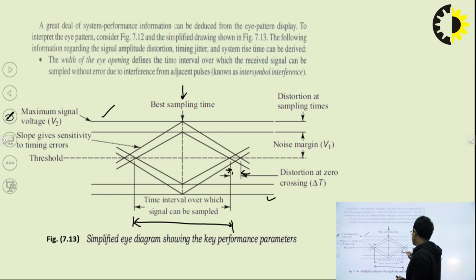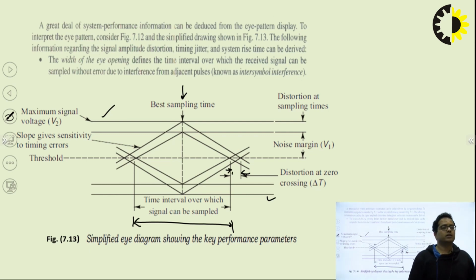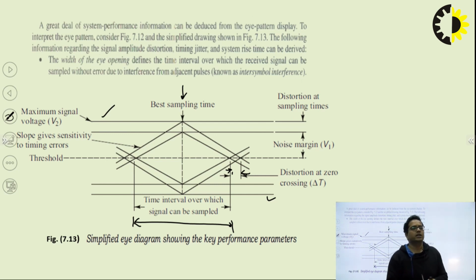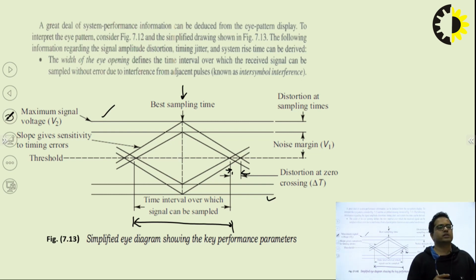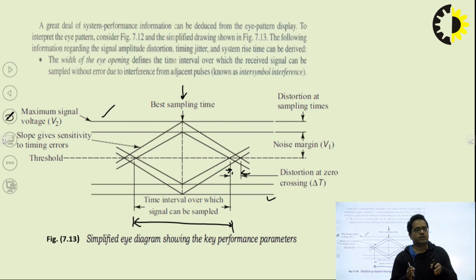The distortion also gets introduced inside the series of zeros and ones, and the width of an eye opening defines the time interval over which the received signal can be sampled without error due to the ISI problem, that is intersymbol interference. That width of the eye gives you the time interval over which the received signal can be sampled without error, like this one, this width of the eye.